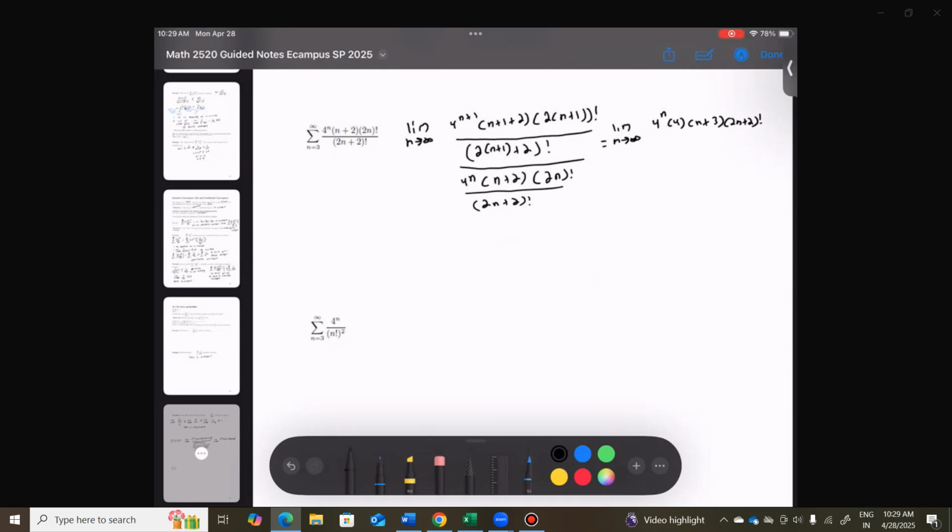And then the bottom also has, this will come up, I'll bring this up to here. So this will be another 2n plus 2 factorial. And this bottom would be 2n plus 4 factorial. Four to the n, I'm bringing this up. So I'm flipping that fraction. 4 to the n plus 2, 2n factorial.